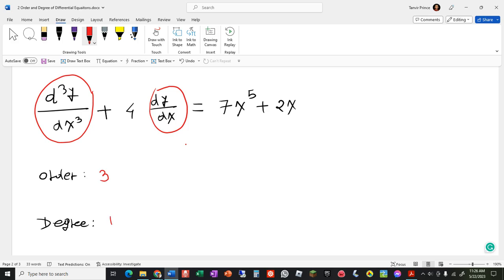And the degree is 1 for the same reason. The exponent here is an invisible 1. By the way, the independent variable, that is x, can be anything. We don't really care about that. We could have sine x, or e to the x to the power 1 billion. That does not matter. We're only interested in the unknown function y.